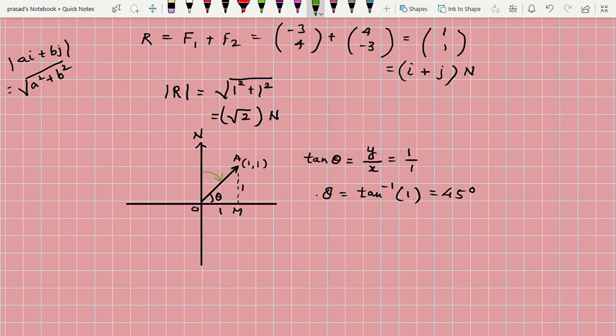So this will be the bearing. So I will take the bearing as alpha, and hence alpha will be 90 minus theta, which is 90 minus 45, that is 45 degrees. So that means R acts on a bearing of 45 degrees.